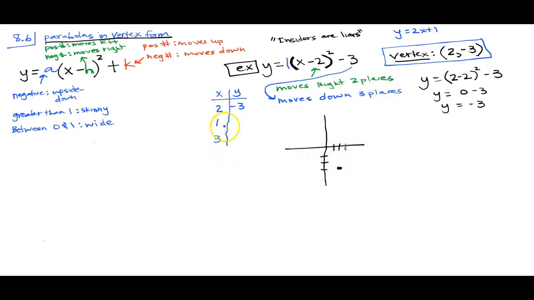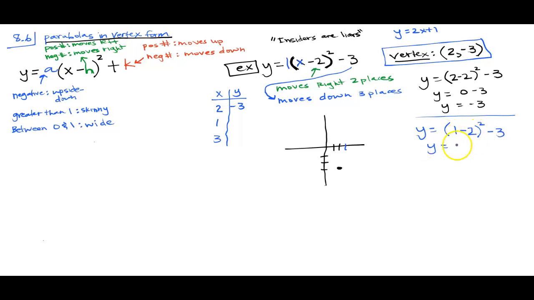If I put 1 in place of x, I have y equals 1 minus 2 all squared, and then subtract 3.